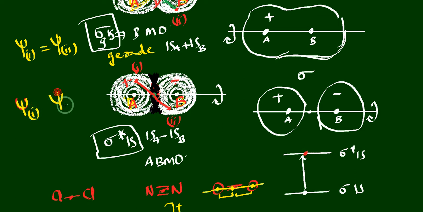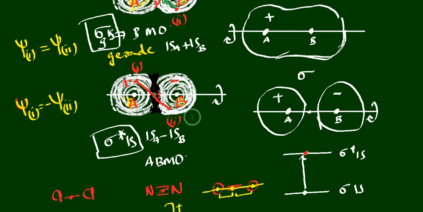I can see that psi 1 and psi 2 may have the same value, the expressions are going to be the same, but there is a difference. Psi 1 may be positive, but psi 2 will be negative, because you already know that this has the negative sign all over in this part. So psi 1 is equal to minus psi 2.